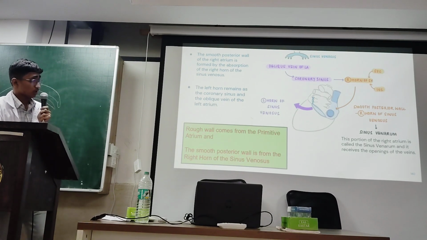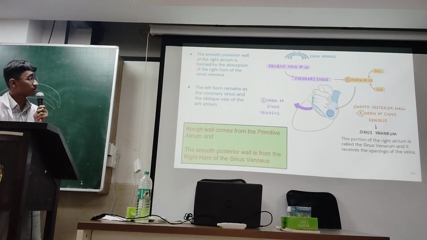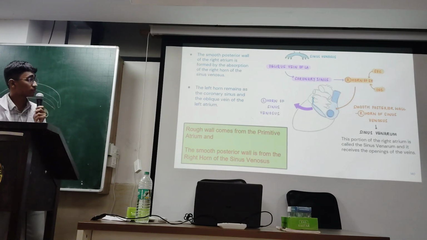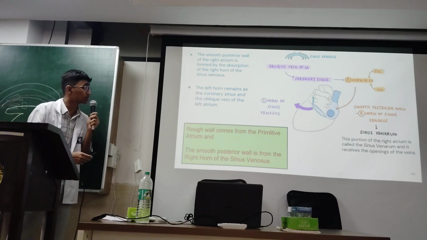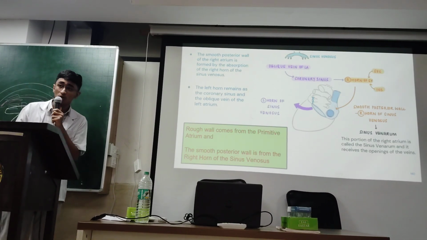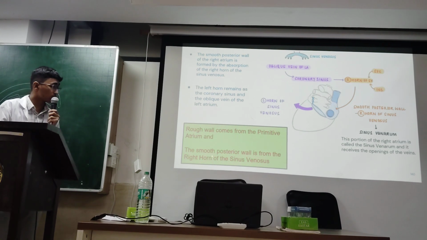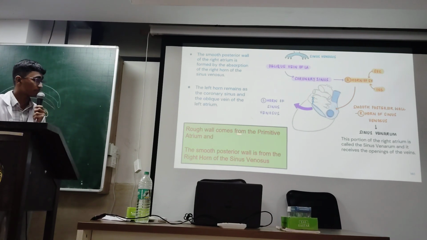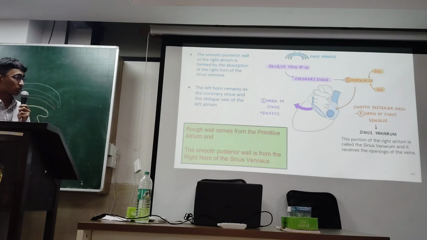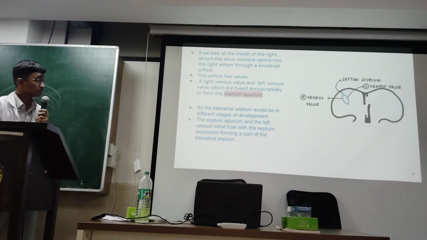So the smooth posterior wall of the right atrium is formed by the absorption of the right horn of the sinus venosus, whereas the left horn remains as the coronary sinus and the oblique vein of the left atrium. The main point was that the rough wall comes from the primitive atrium, and the smooth posterior wall is from the right horn of the sinus venosus.